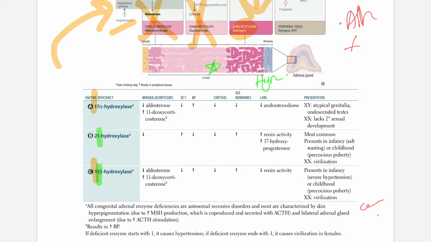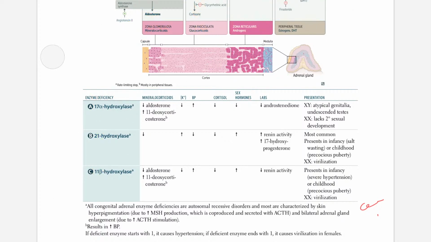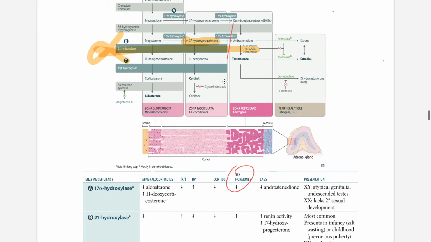And maybe I could add a little bit. Since we did talk about all of the internal and external genitalia, let's talk about a little bit of the sex hormones, for example testosterone, estradiol, androgens, all of them. If they're low, for example in the first disease, 17 alpha, there are low sex hormones.